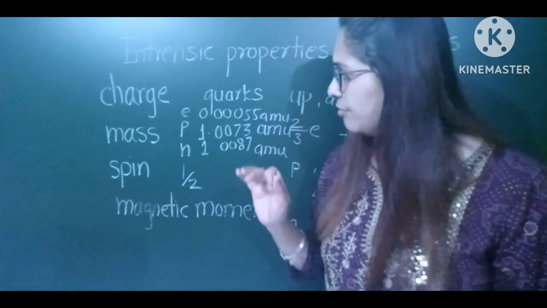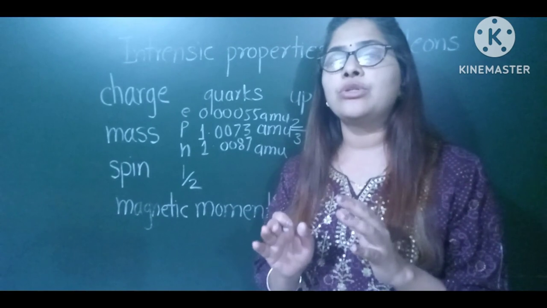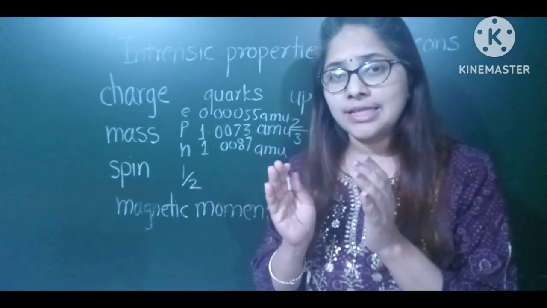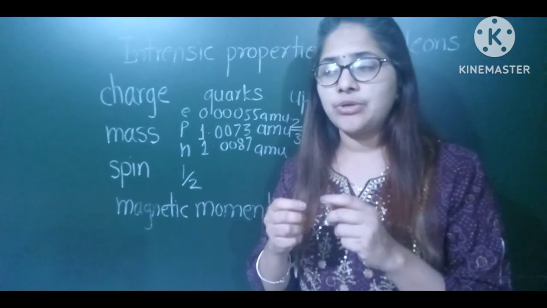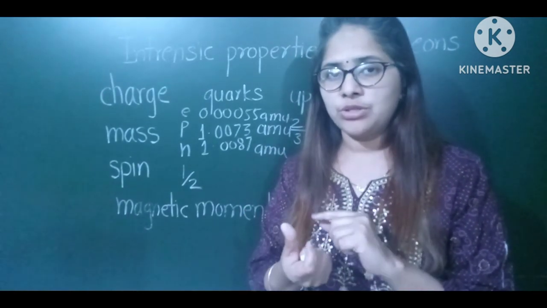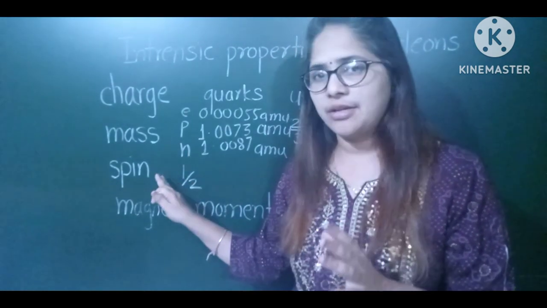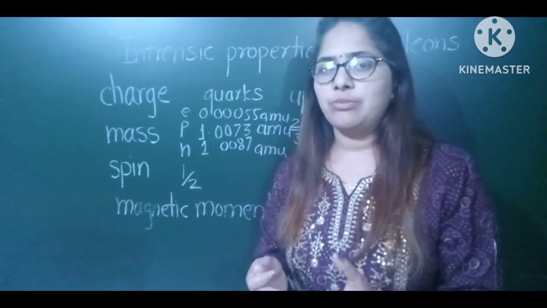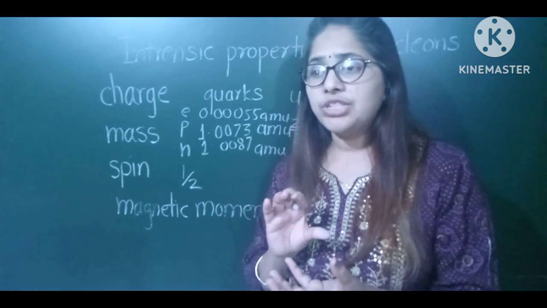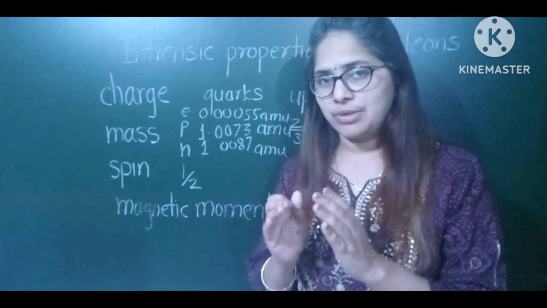Similarly, when we consider the nucleus, the nucleus is also not in a steady state; it is continuously in a vibrational motion as well as a rotational motion. In my previous video I made a separate video on the collective shell model, which covers the probable states of rotation and the probable states of vibration.